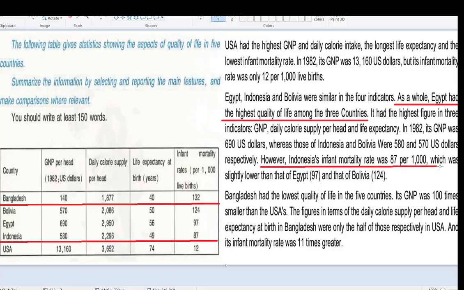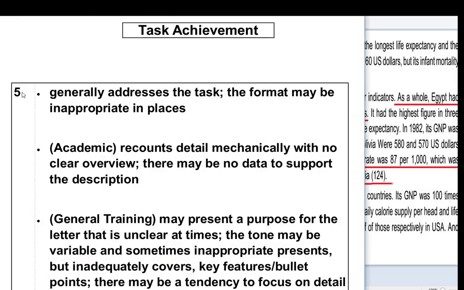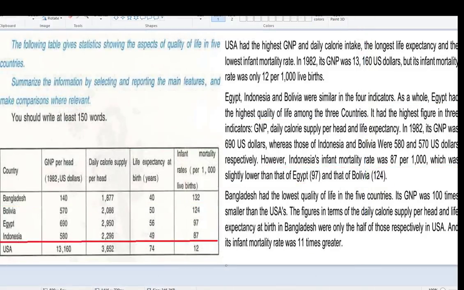And there's a little bit of analysis here, which was slightly lower than that of Egypt and that of Bolivia. So, not quite mechanical, but with no overview, you really have a ceiling of 5 for task achievement. So I'm not going to go through the rest. 5 it is.